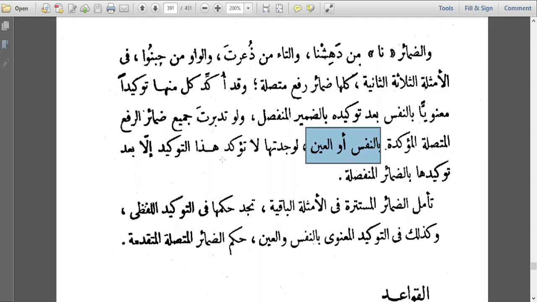You can't do their emphasis with النفس and عين except when you have already done the توكيد with الضمائر المنفصلة. So before you bring النفس, before you bring عين, you have to have brought the ضمير المنفصل to emphasize it.